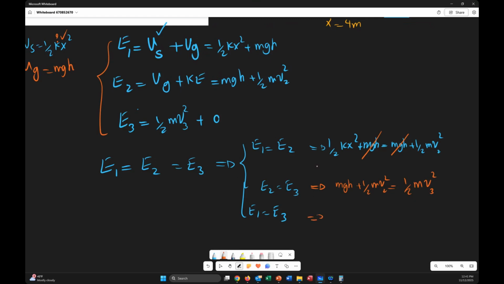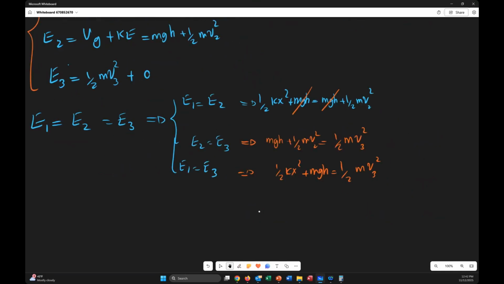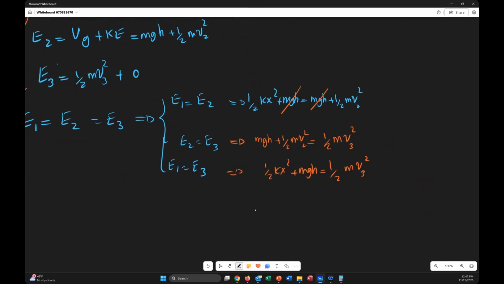What is the last one? E1 equals E3. What is the E1? 1/2 K x squared plus mgh equals what? 1/2 m velocity 3 squared. Good. Which one of these can help you to find it? We have mass, yes?